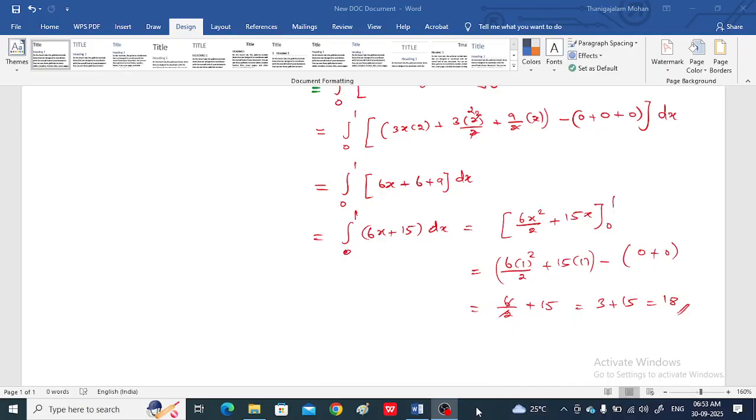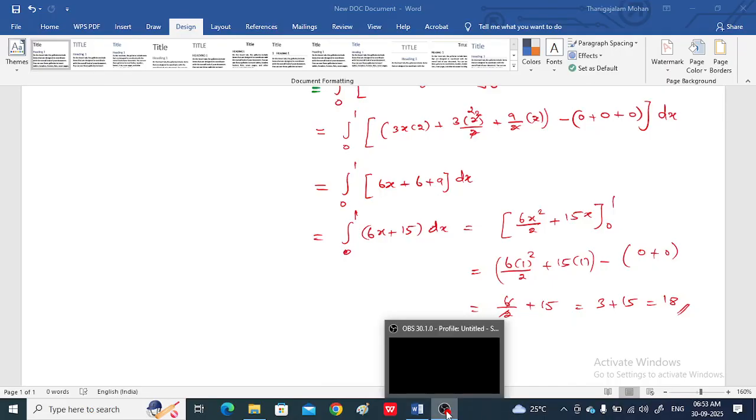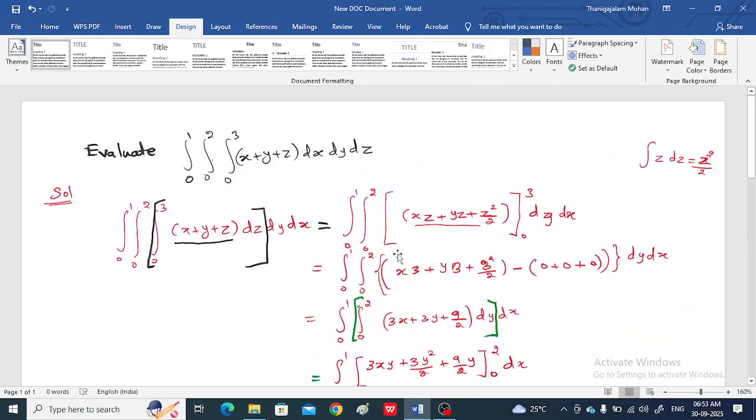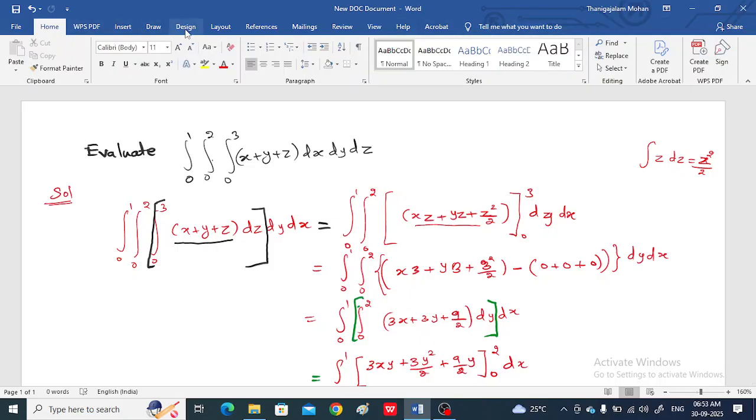I will once again recollect what we did above. We have to evaluate this integral first. 0 to 3 is the limit of z, therefore we need to integrate in the reverse manner dz dy dx.